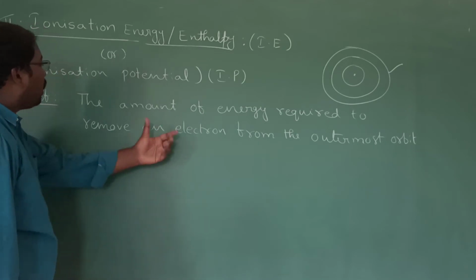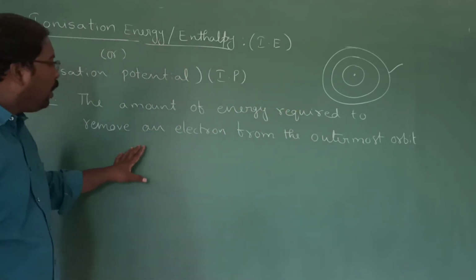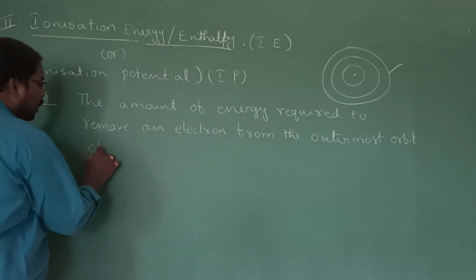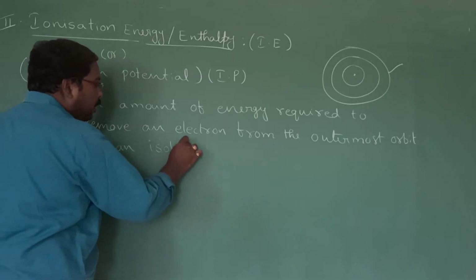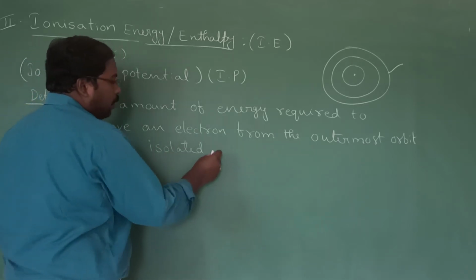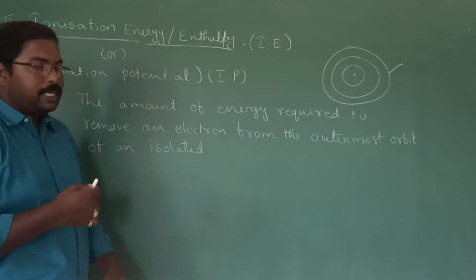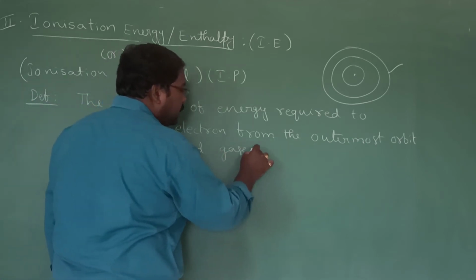So now coming to the ionization energy, the amount of energy required to remove an electron not under the influence of other atoms, an isolated gaseous atom.